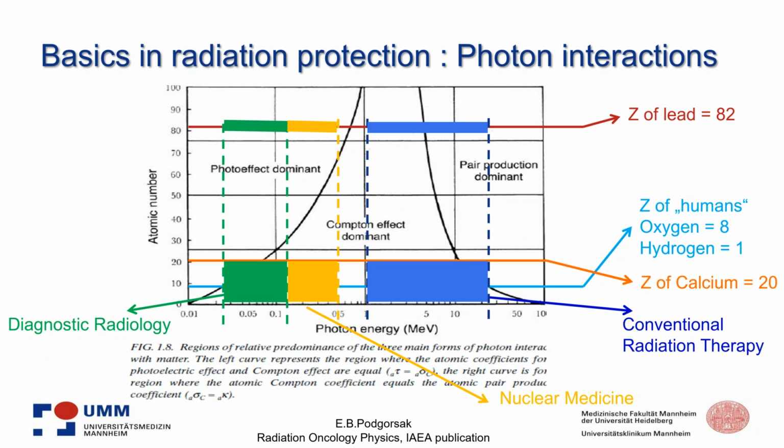That means we could force the photo effect in the high density area. That means we have a good shielding effect with high Z material. Coming to conventional radiation therapy, you see the blue part of the diagram.